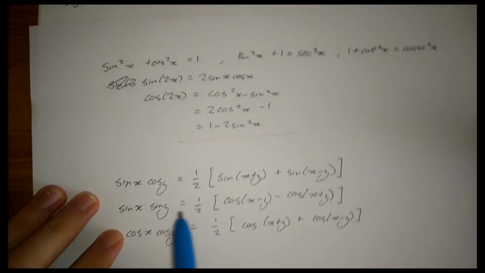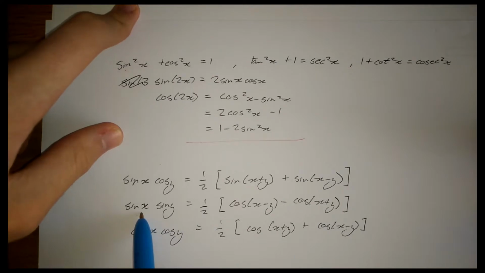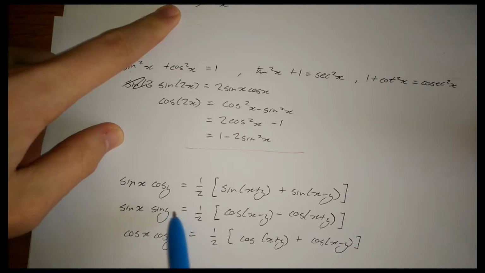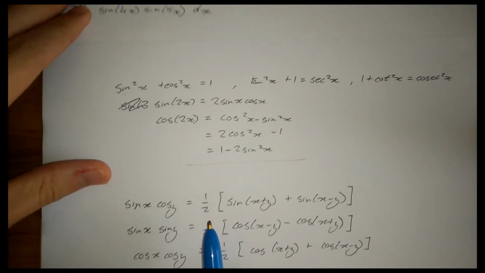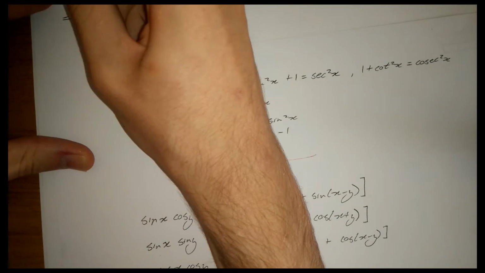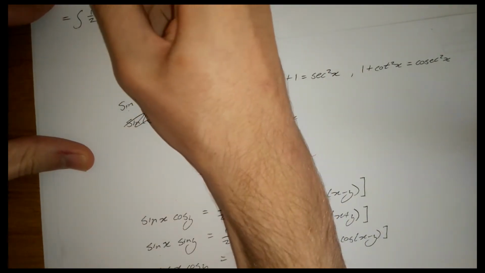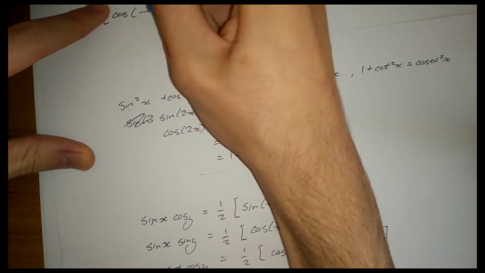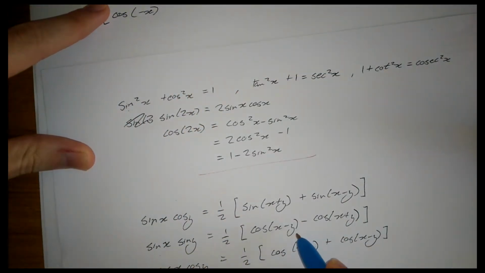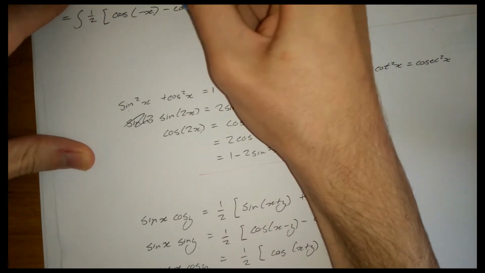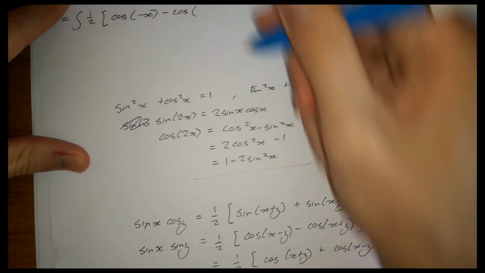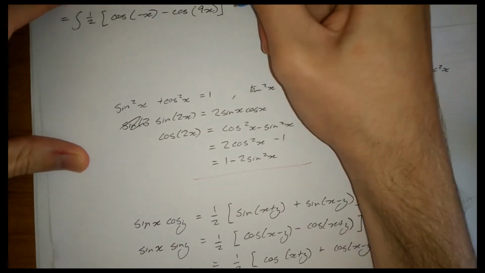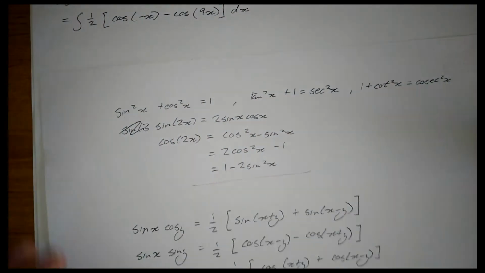If we treat 4x as x and slot that in there, and 5x as y, we can say that this is equal to a half cos of x minus y, so that's negative x, minus cos of x plus y, which would be 9x. So that is equivalent using that formula.